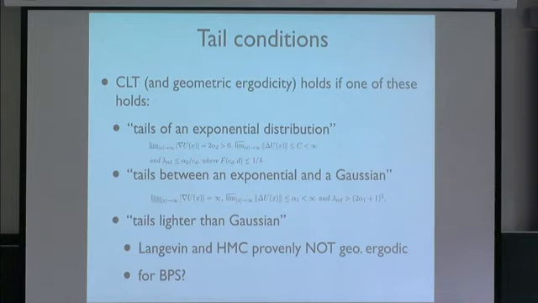a central limit theorem. Where it becomes more interesting is if the tails are lighter than Gaussian or heavier than exponential, and these intuitively make sense. If the tails are very thick, then the gradient gets very, very small, and if you go very far with a method based on the gradient, it could get lost.